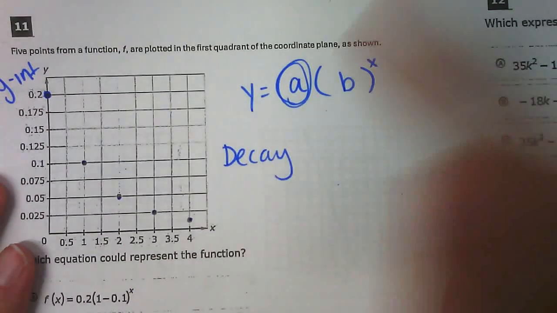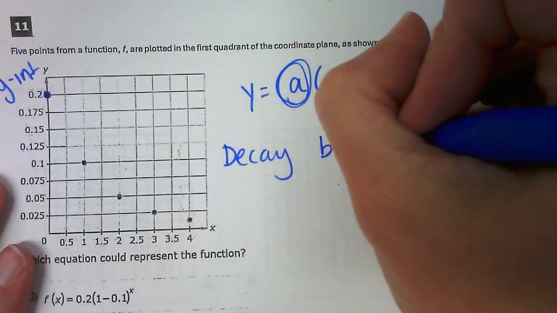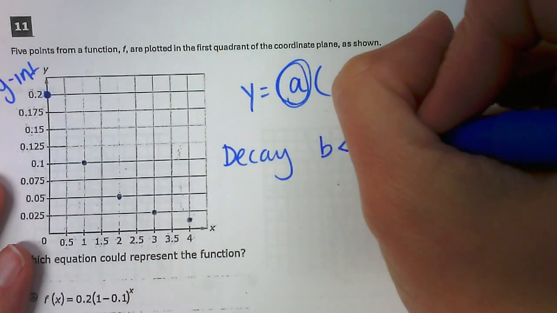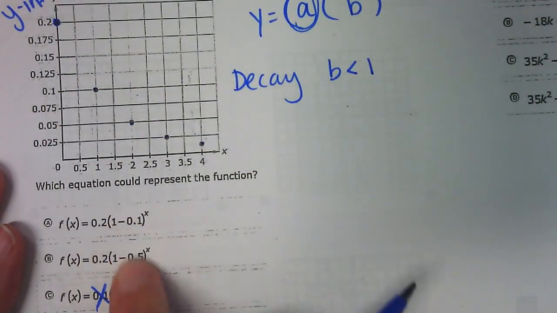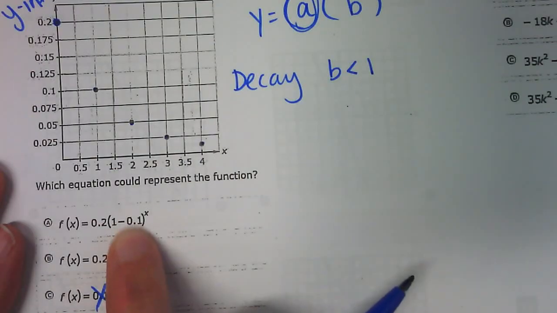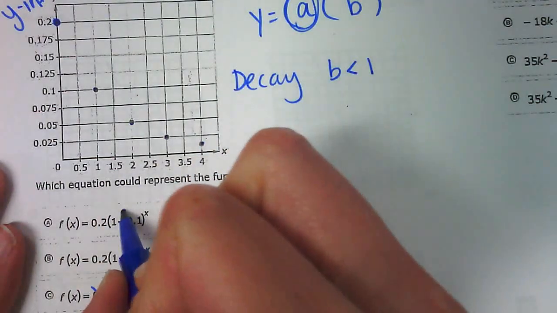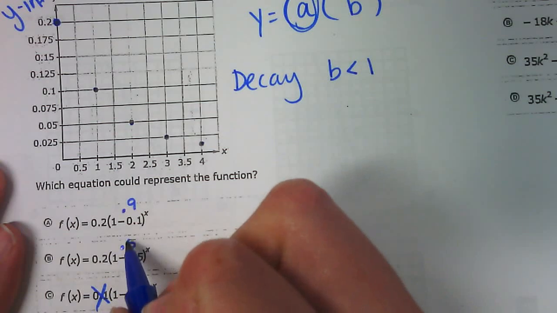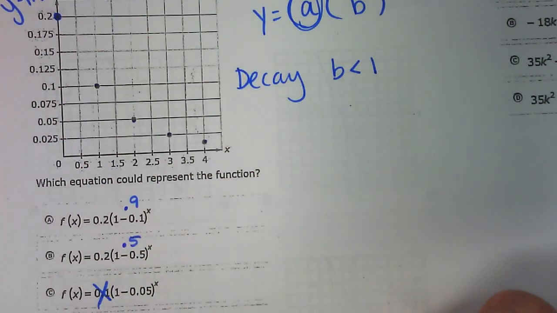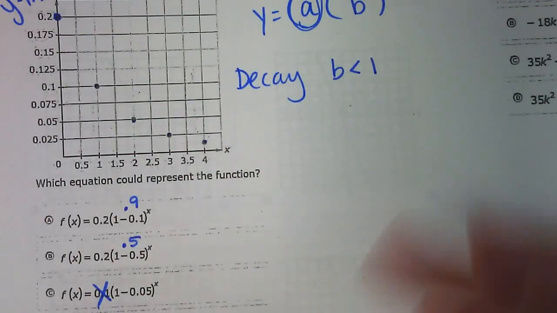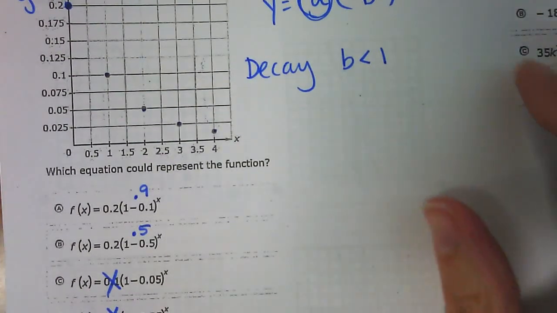Okay, decay is telling us that our b value is going to be less than 1. So if I look at my b values, both of these b values are going to be less than 1. This would give me 0.9, this would give me 0.5. So that's not going to help me. I'm going to actually have to use some more knowledge here to figure out which one is correct.